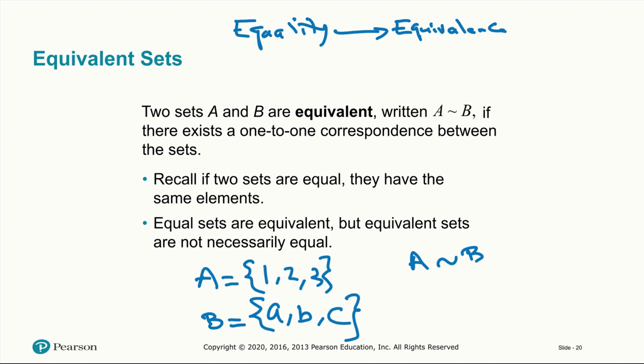Using the language of logic from yesterday, what we would say is that if 2 sets are equal, then those 2 sets are what? Equivalent. But notice that the converse, equivalence does not imply equality.